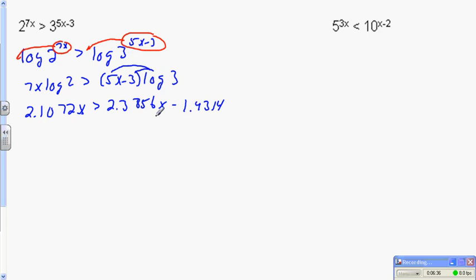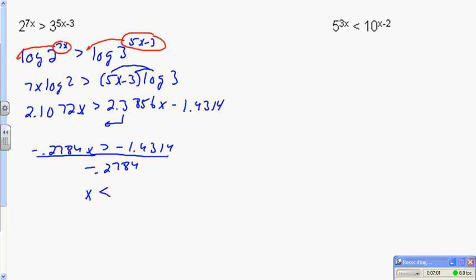And now we can combine like terms by bringing this over through subtraction, which would give us negative 0.2784x greater than negative 1.4314. We divide by negative 0.2784, and because we divide by a negative, the inequality will change directions.